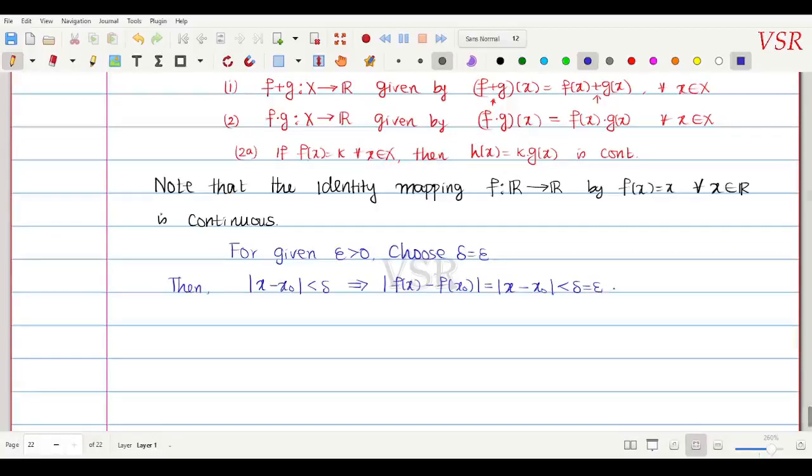So we have proved that for every epsilon positive there is a delta positive such that whenever modulus of x minus x naught is less than delta, modulus of f of x minus f of x naught is less than epsilon. So this implies that f is continuous.